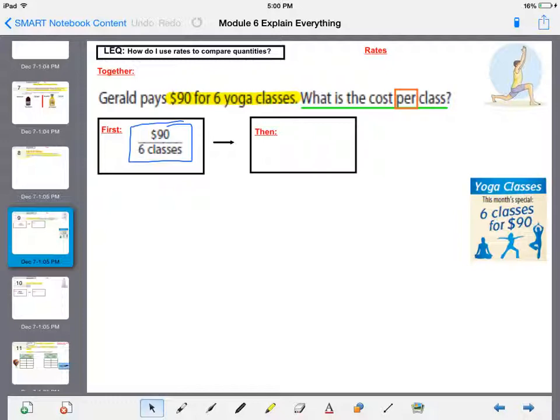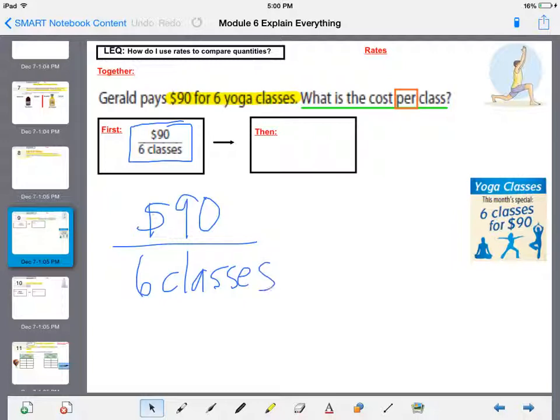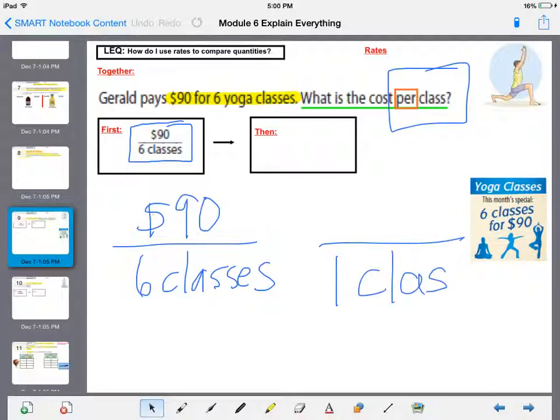And then our second step would be, what is the cost per class? So after we have our $90 to 6 classes, which was given, the question is asking us, what is the cost per class? That means we want to know how much we're paying for each class, for one class.